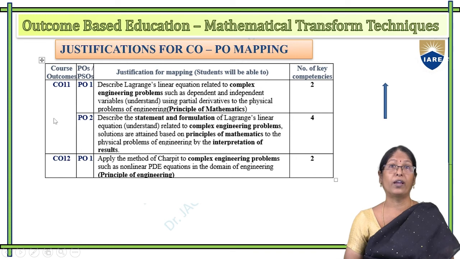Now, for the connectivity of CO11 and CO12, for a particular program outcome, we see how many elements it has and how many elements our course outcome satisfies. According to that, the number of key competencies is written.